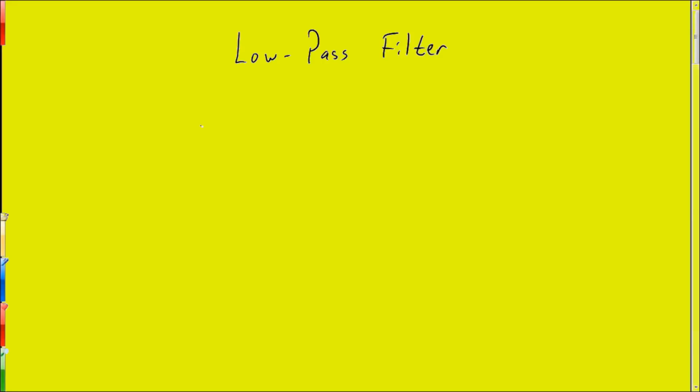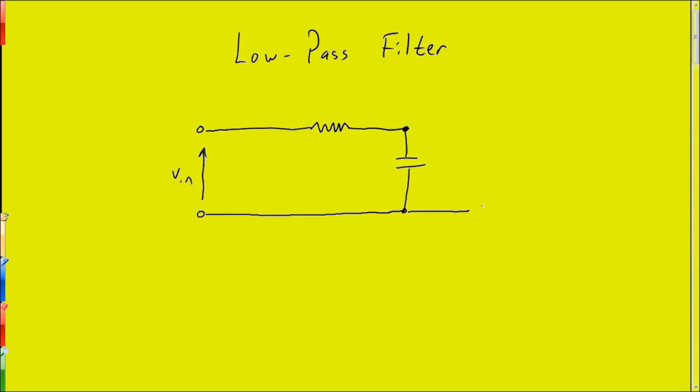So imagine that we have a circuit, and we have a voltage in to our circuit, and we construct a resistor and a capacitor like this, such that we then have a voltage out over here with a resistor of resistance R and a capacitor of capacitance C.